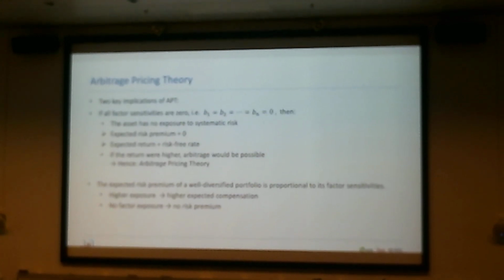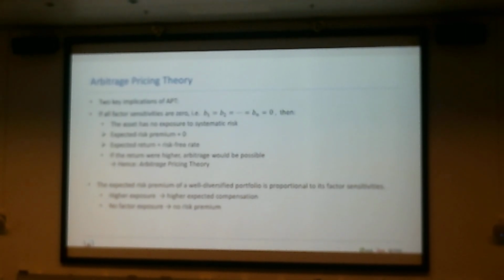And in general, arbitrage is not possible, because there will always be someone in financial markets making use of this opportunity. And there will always be someone that is faster than you. So since arbitrage is not possible, the return has to be equal to the risk-free rate if all the B's are 0, if there's no risk. And this is where the name arbitrage pricing theory comes from.